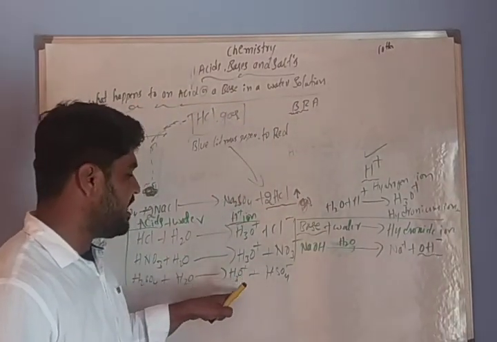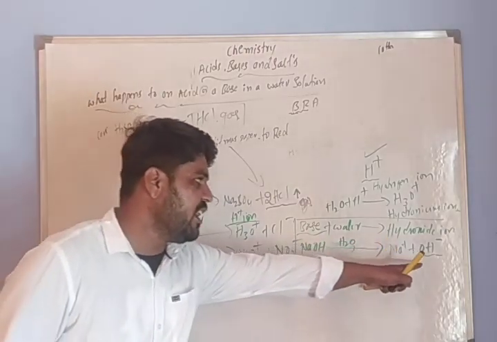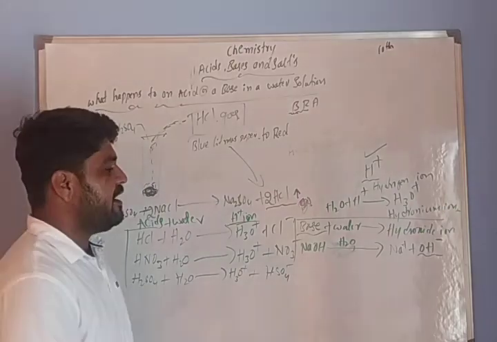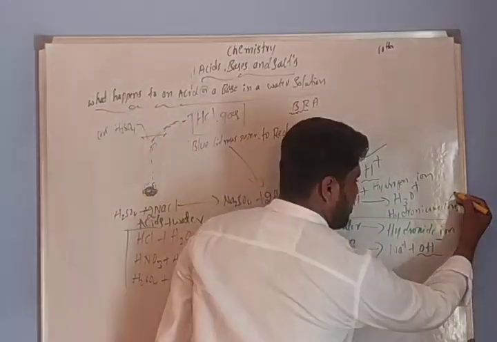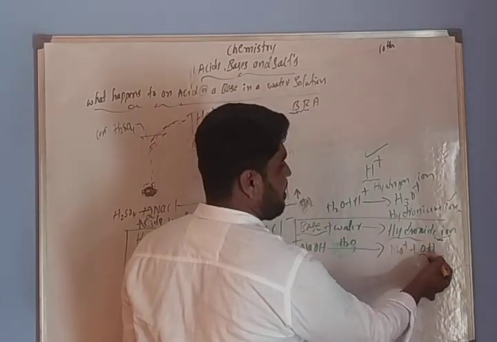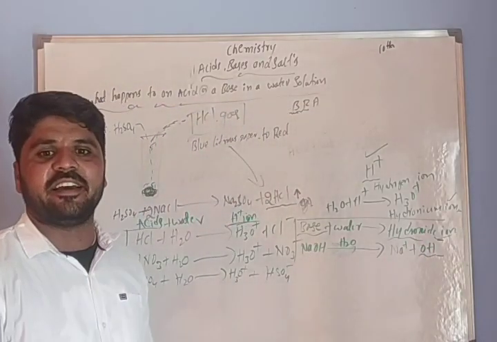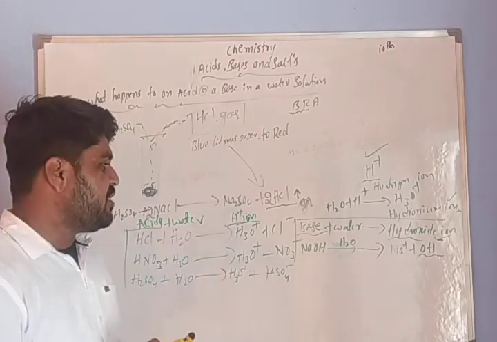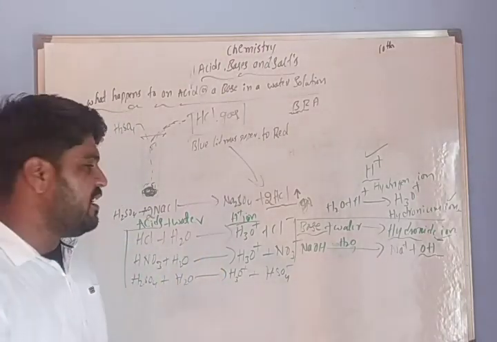It cannot exist as H3O plus. Here only hydroxide ion, there hydronium ion. In acids we see the hydronium ion. In bases, hydroxide, OH hydroxide ions. So this is very very important. You can take any examples.